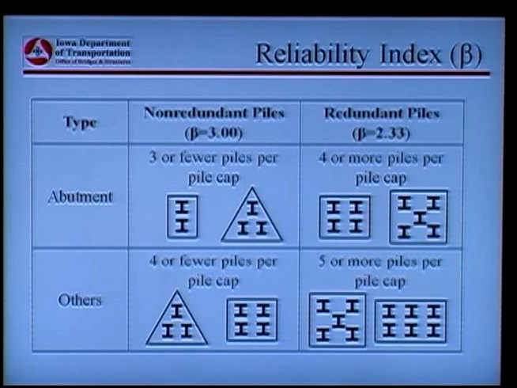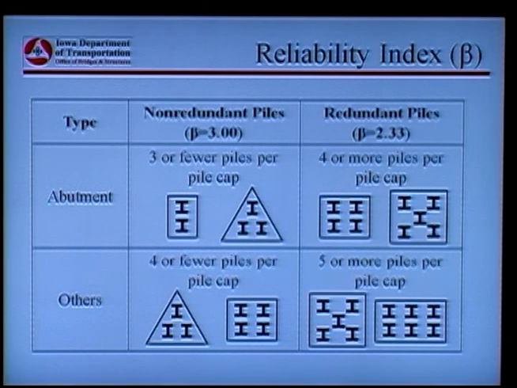In Iowa, if it's an abutment, we define the pile group as non-redundant if you have 3 or fewer piles per pile cap. If it's other structures, we say that 4 or fewer piles per pile cap is considered a non-redundant pile group. In opposite, we will use a beta value of 2.33 if it's a redundant pile group, where in the abutment you have 4 or more piles per pile group, or in other structures you have 5 or more piles per pile cap.